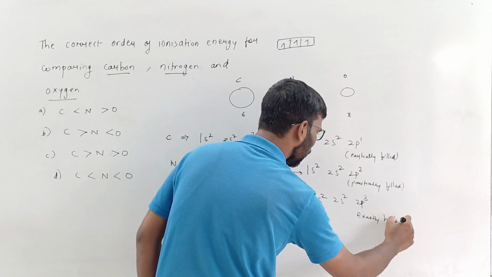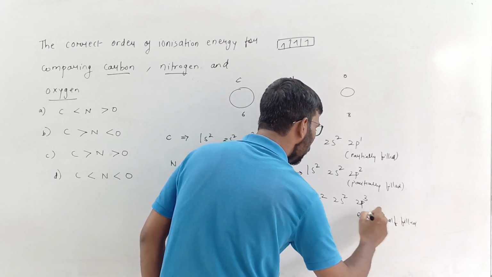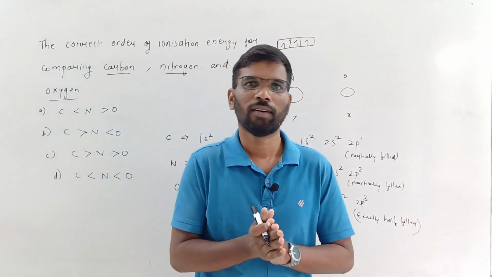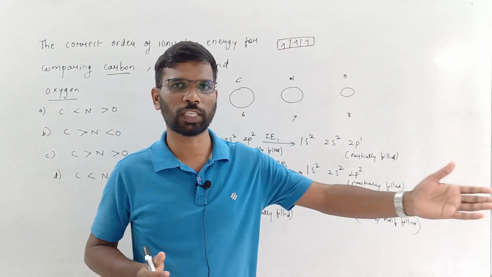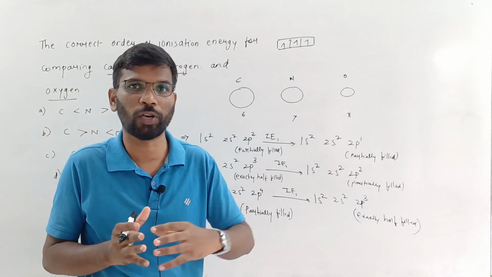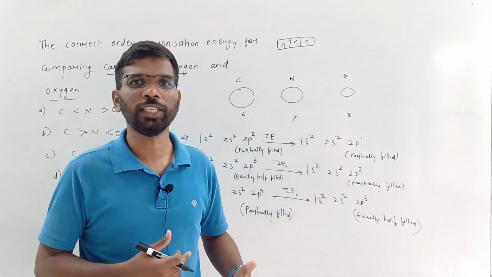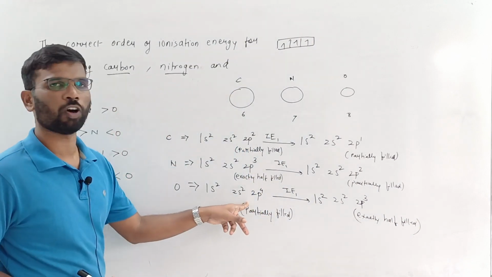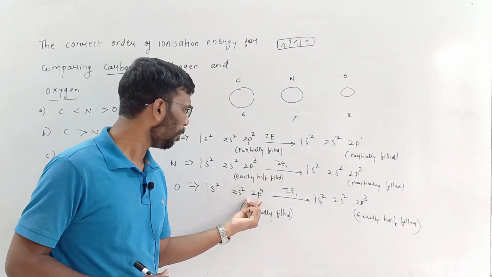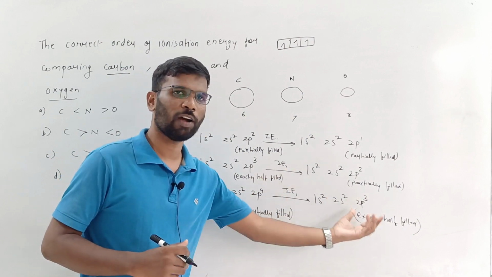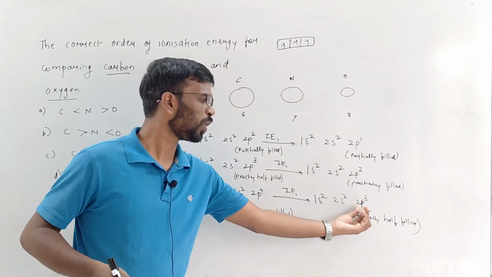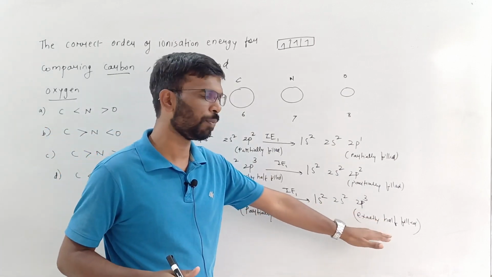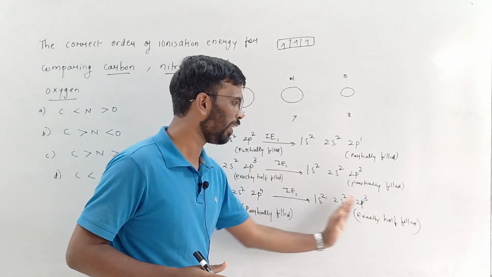Exactly half filled. Now understand which process is easy. Always remember that changing a system from stable to unstable is difficult, but changing unstable to stable is very easy. Over here it was a partially filled orbital, comparing with the one after ionization, so this is becoming exactly half filled. So partially filled is less stable and this is more stable, so this process is very easy.